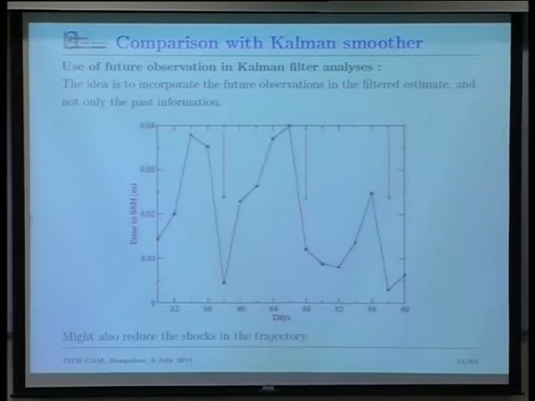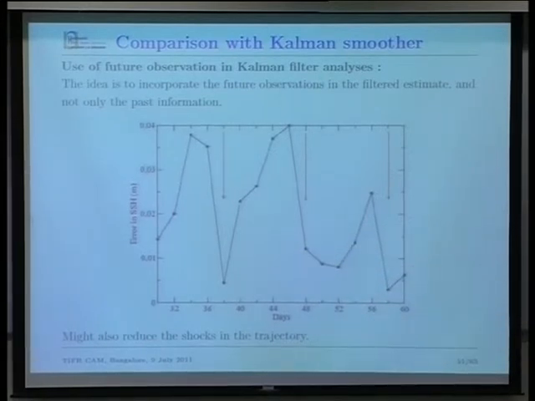Maybe I don't know if you have seen the ensemble Kalman smoother already or not. The idea of the smoother is that when you apply Kalman filter analysis, then you have a step both in the error of your solution, but also in the solution itself.